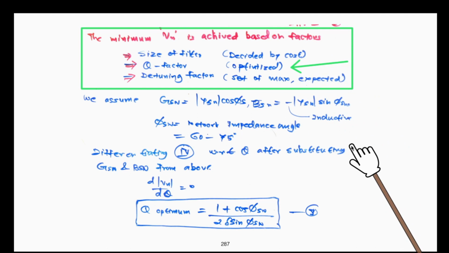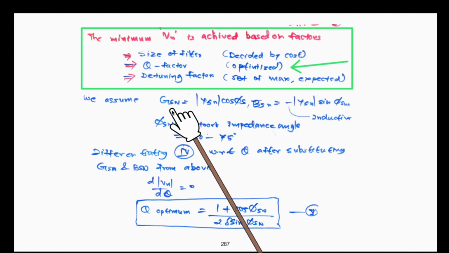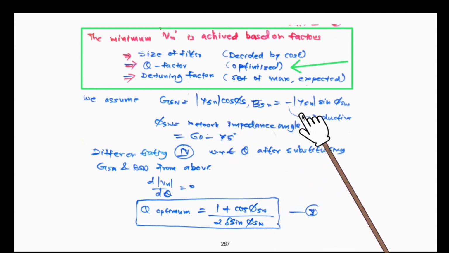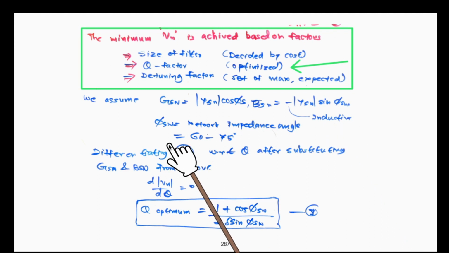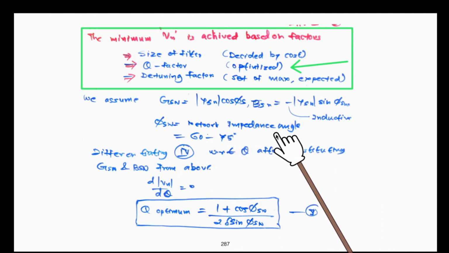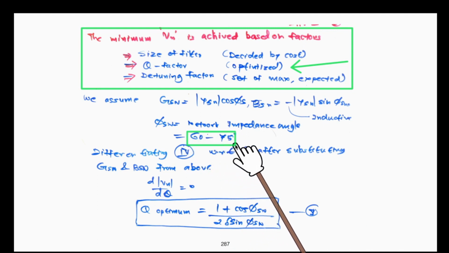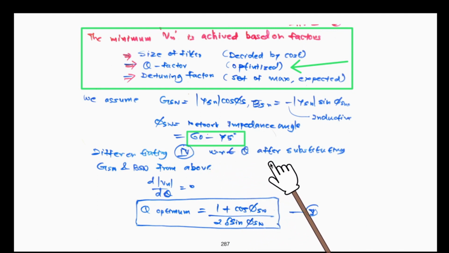While doing so, there is a substitution for conductance of the network, that is admittance cos phi Sn, and susceptance Ysn sin phi Sn. This negative sign is because the network impedance is mostly inductive, and phi Sn represents the network impedance angle, whose value generally lies in the range of 60 to 75 degrees, depending upon the composition of resistance and inductance in the network.